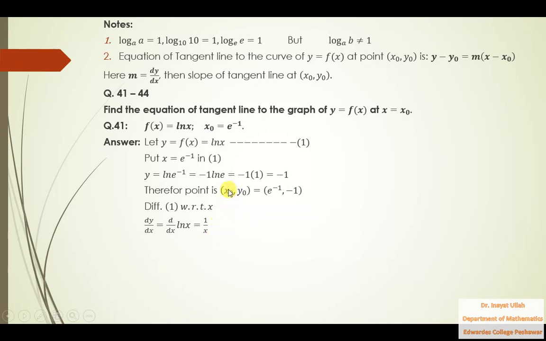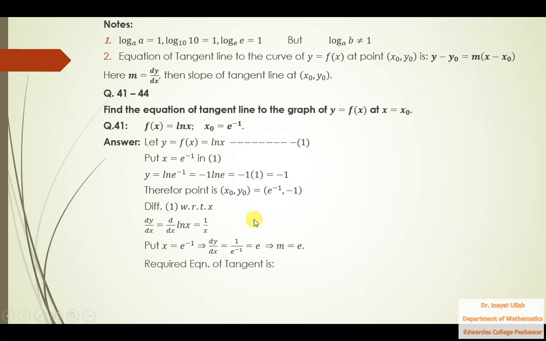So put x naught equal to e power minus 1, or we may say that put x equal to e power minus 1 in this equation. So dy dx is equal to 1 by x, 1 by e inverse, and that is actually inverse, so shifting it towards numerator to get e. So dy dx is equal to e, but we know that dy dx is m, so m is equal to e.